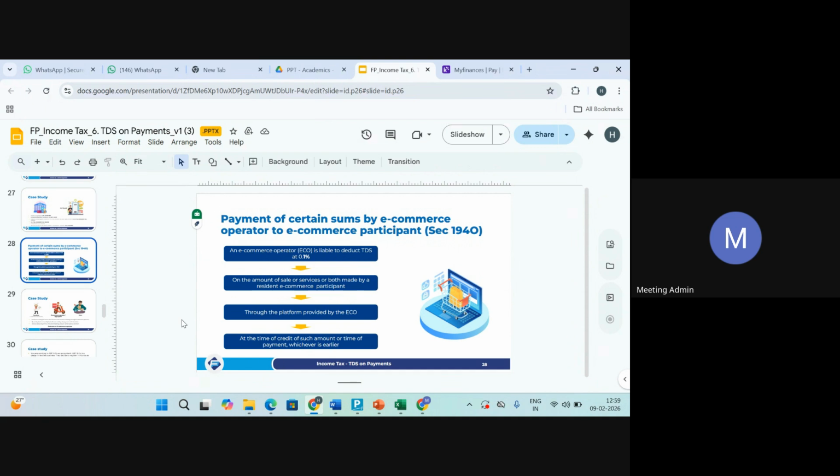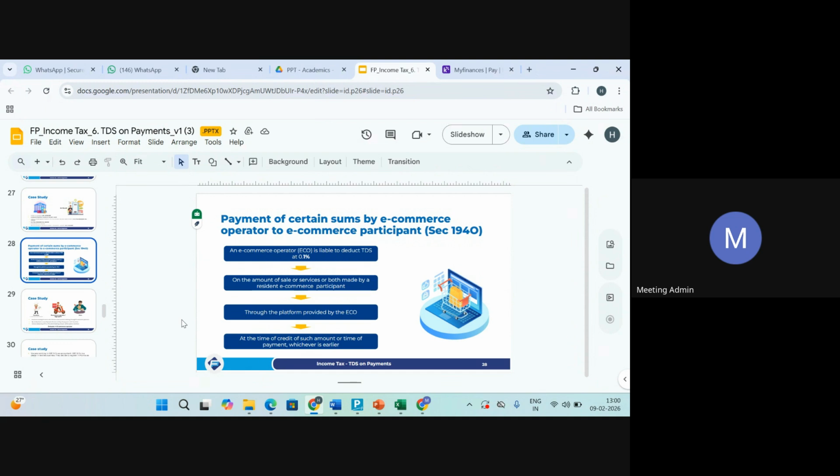At that time, they will collect 0.1 percent TDS from you, on the amount of sales or services or both made by the resident e-commerce participant through the platform provided by the e-commerce operator, at the time of credit of such amount or at the time of payment, whichever is earlier. So you'll collect from the customers.